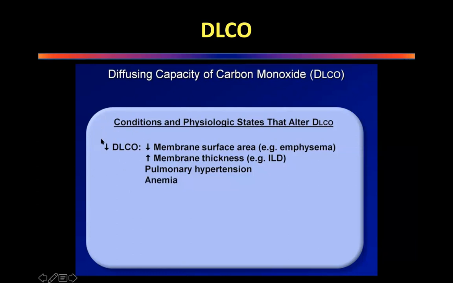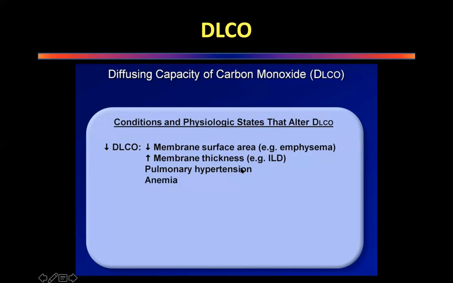What reduces DLCO? Now we said that the membrane surface area is very important. So anything that reduces the membrane surface area will reduce the amount of carbon monoxide that gets taken up. Things like emphysema. Anything that increases the membrane thickness will not allow the carbon monoxide to go across. So things like ILD.